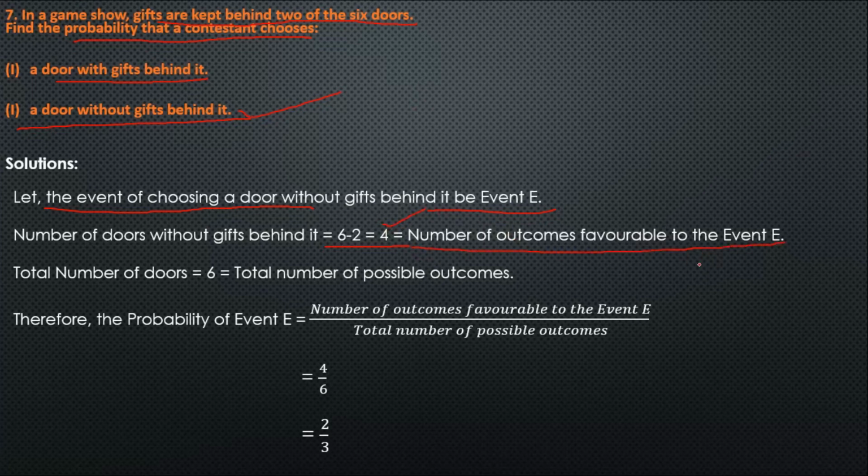So this is the number of outcomes favorable to event E. Total number of doors is again the same, 6, and this is the total number of possible outcomes. Therefore the probability of event E is number of outcomes favorable to event E divided by total number of possible outcomes. So 4 is the numerator and 6 is the denominator. Cancel out the common factor. 2 by 3 is your answer.